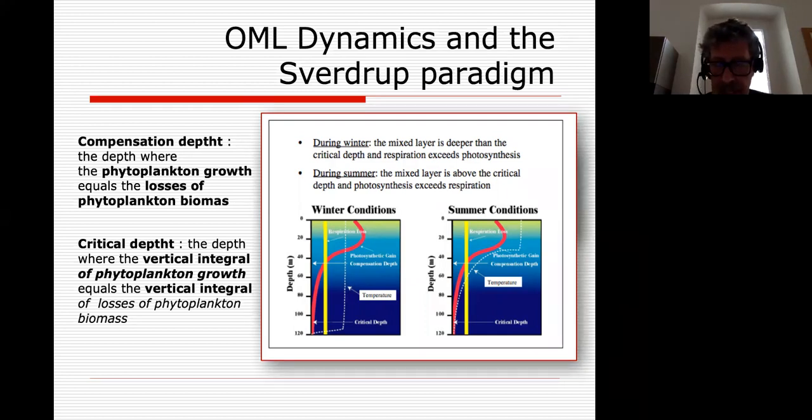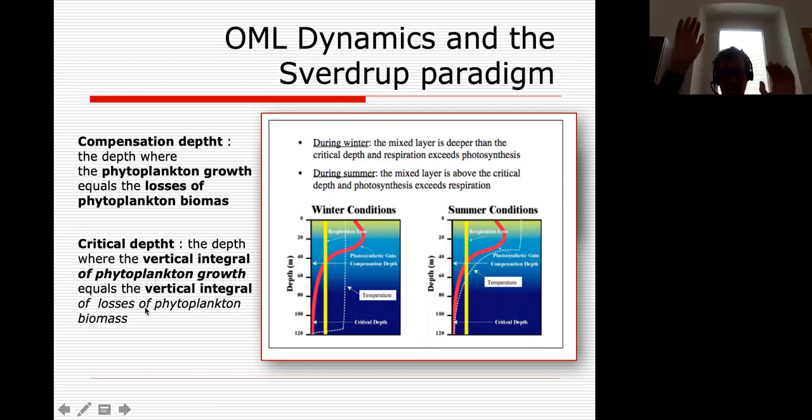What happens? How is the dynamic of phytoplankton affected by the mixed layer dynamics? Better to introduce a concept which is the critical depth. The critical depth is the depth at which the vertical integral of phytoplankton growth equals the vertical integral of losses of biomass.